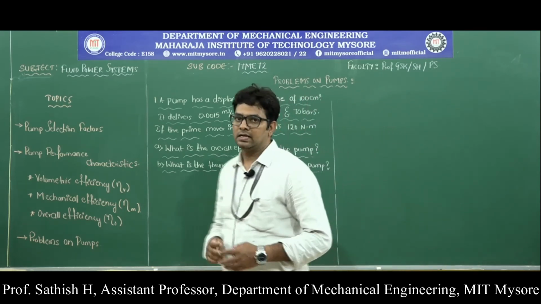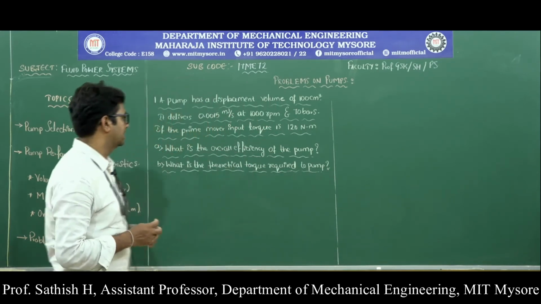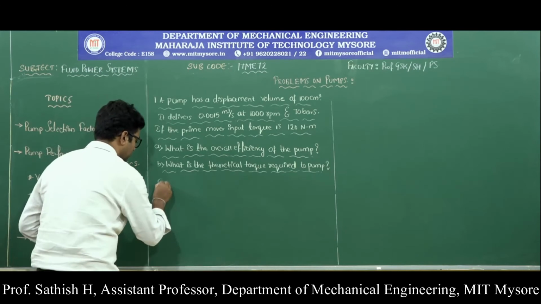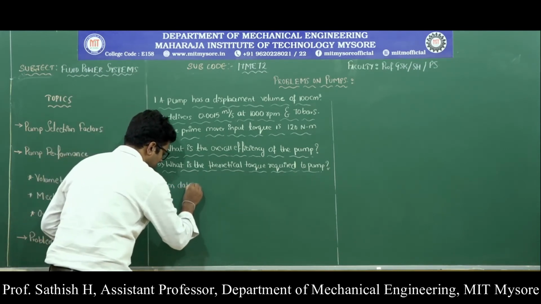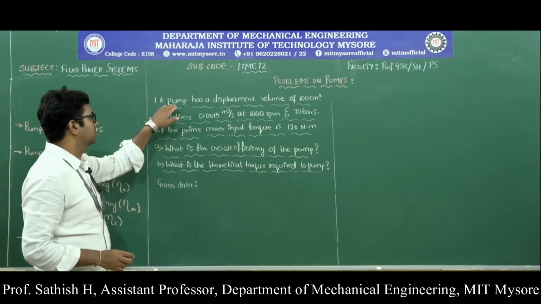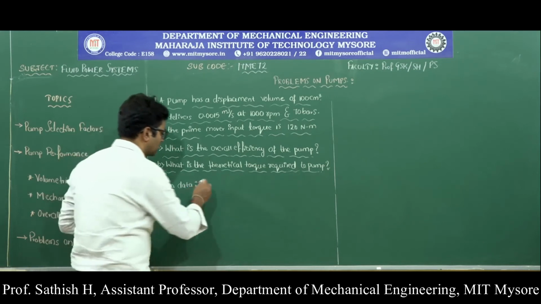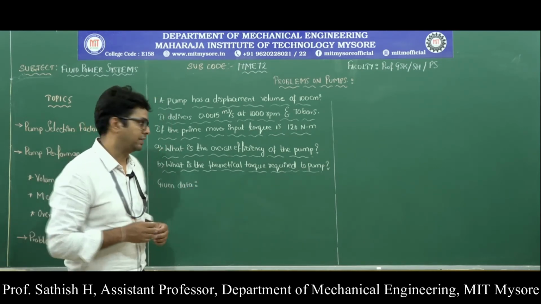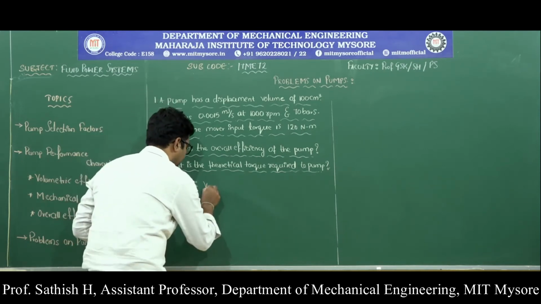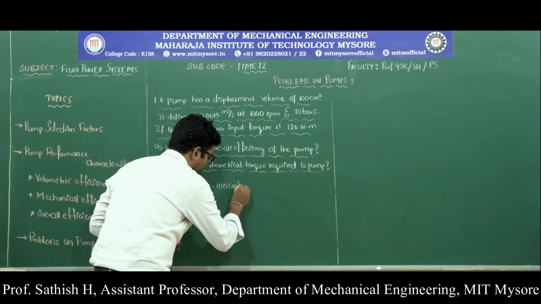So let us collect the given data. The first one is that the pump has a displacement volume of 100 centimeter cube. The displacement volume is represented as Vd, so Vd is equal to 100 centimeter cube.